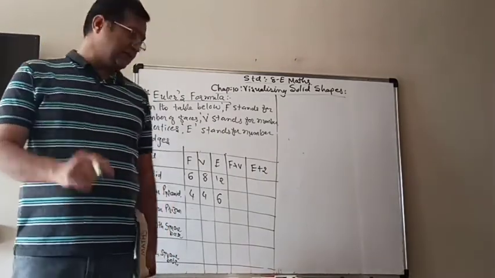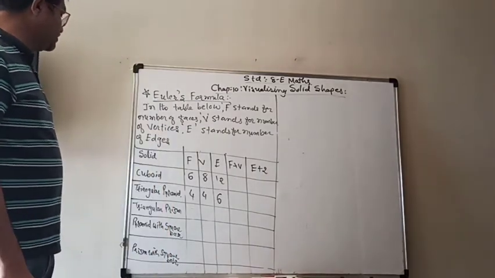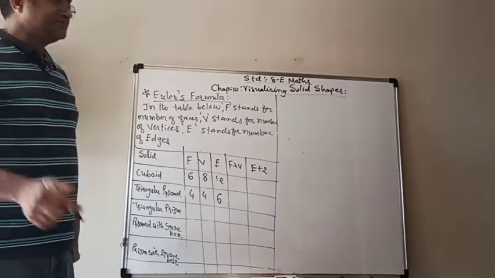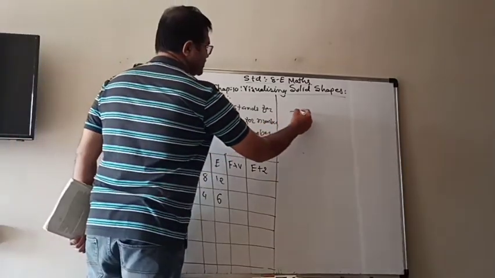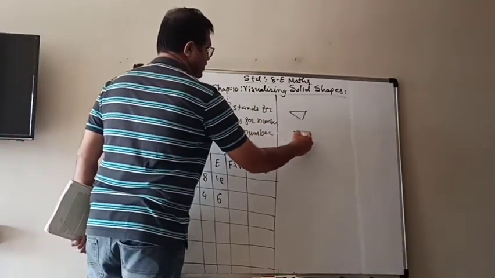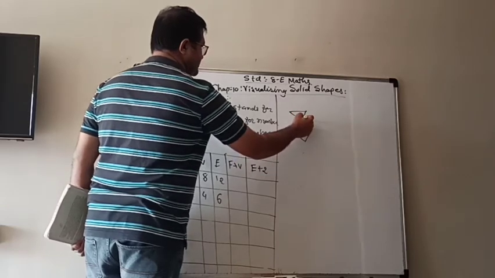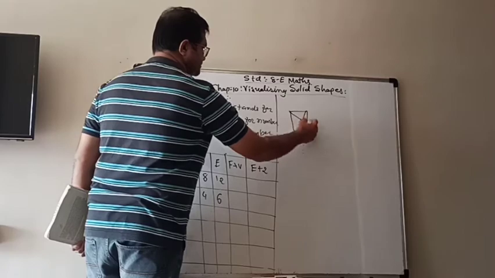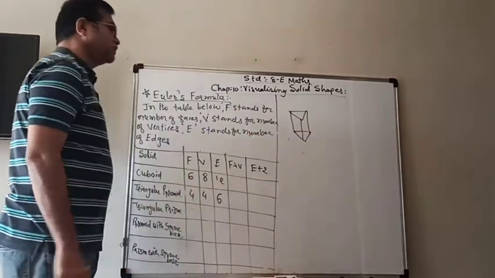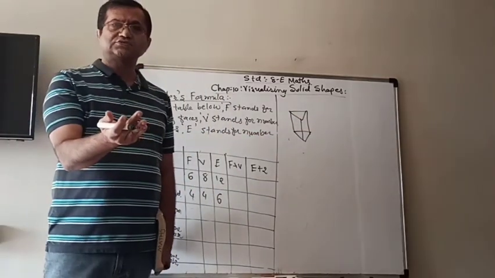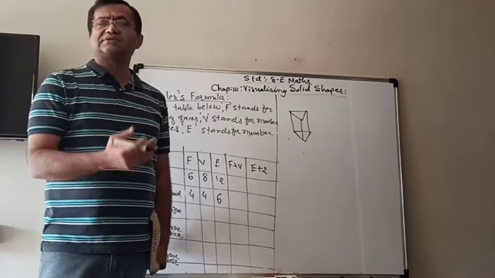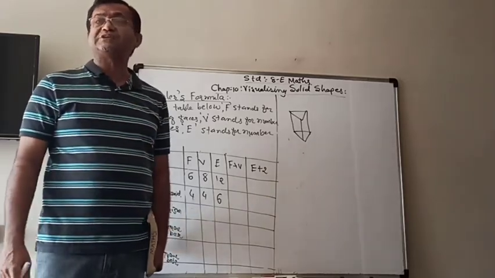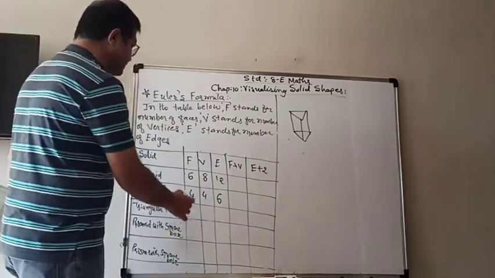Now another is the triangular prism. In a triangular prism, the top and base are the same triangle, and it looks like that. So 2 triangular bases and another 3 sides, so 3 plus 2, 5 faces are there.